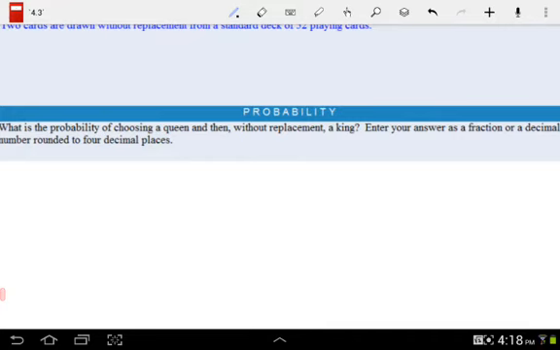So what we have here is, not necessarily conditional probabilities, but the probability of 2 dependent events. So we're looking at the probability that we choose a queen and a king. So notice the "and" has a big effect on this.